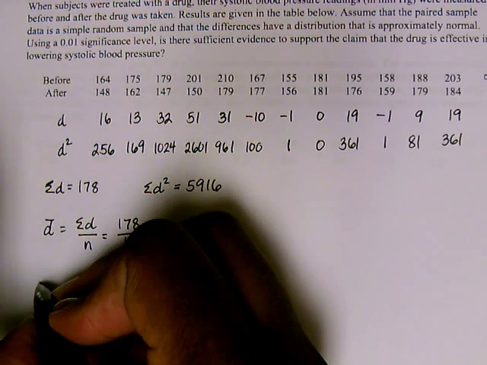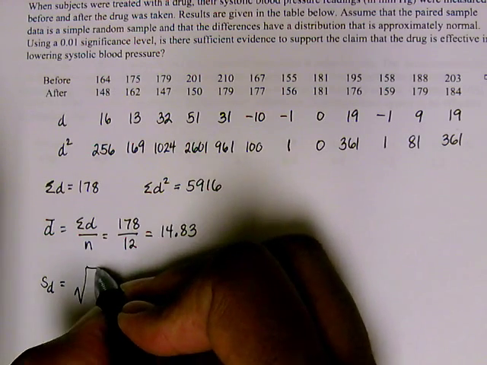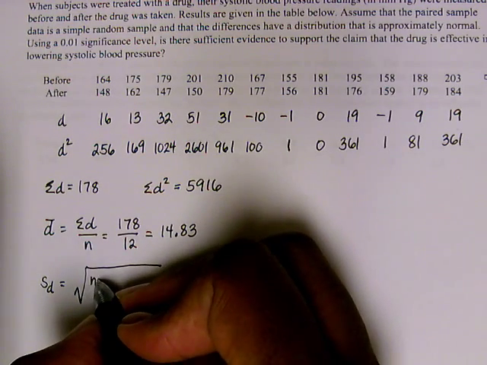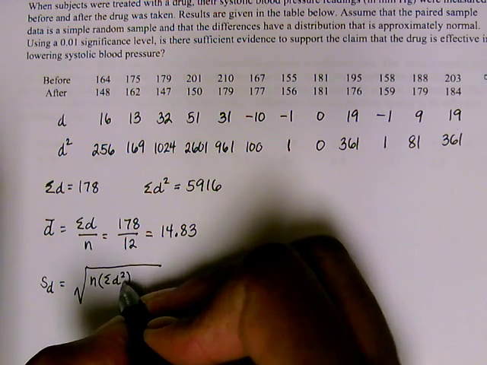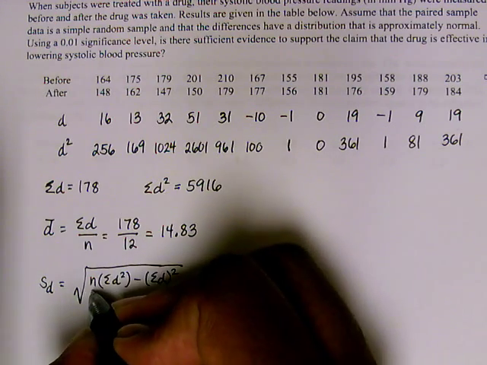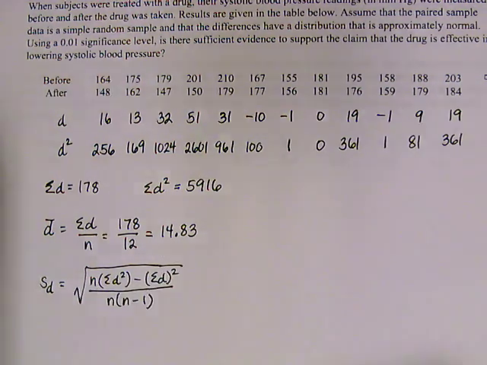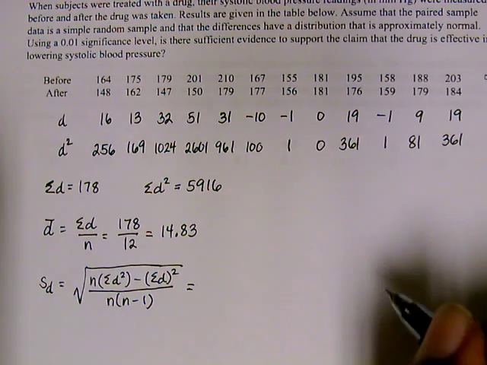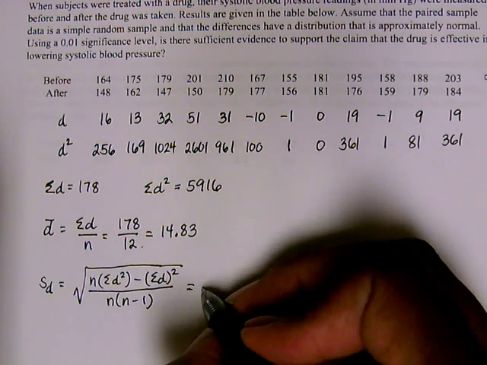S sub d is the square root of n times the sum of your d squares minus the sum of your d's, and that's squared. All that's over n times n minus 1. So in this case, your n, the number of paired data, is 12.